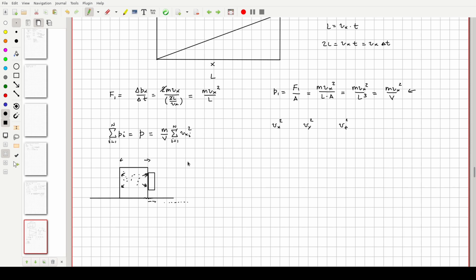You have the same amount of motion along x as you do along y as you do along z. So if these are all the same, we know Vx squared plus Vy squared plus Vz squared would equal v squared. What that means is that Vx, Vy, and Vz squared are each 1/3 of the average speed squared. So I can write this as 1/3 v squared sub i.